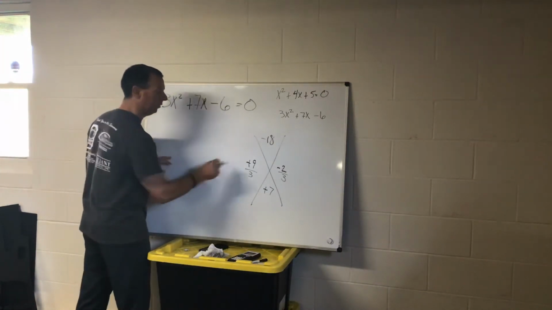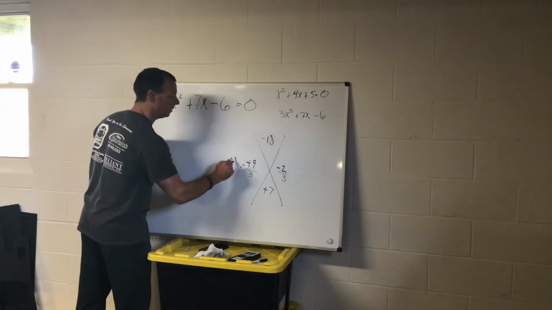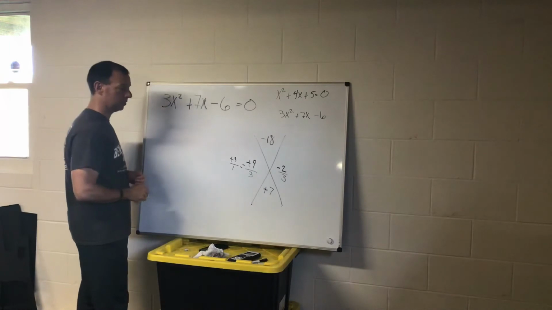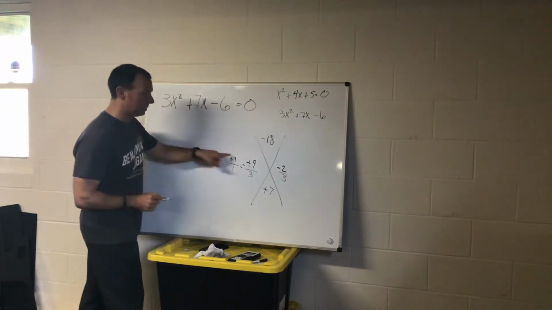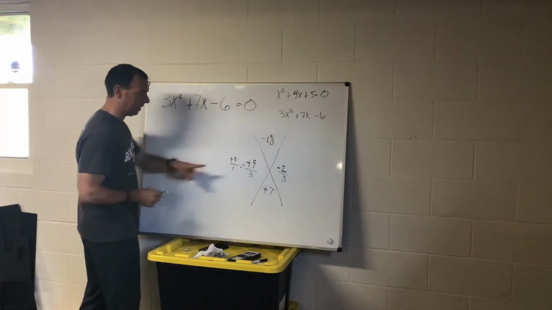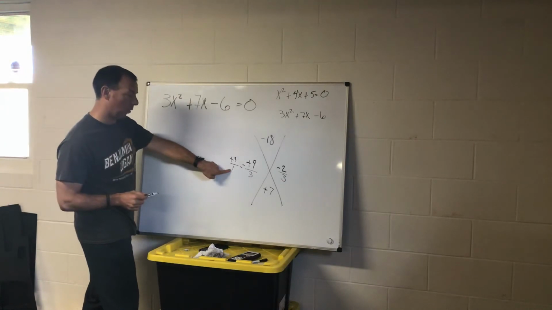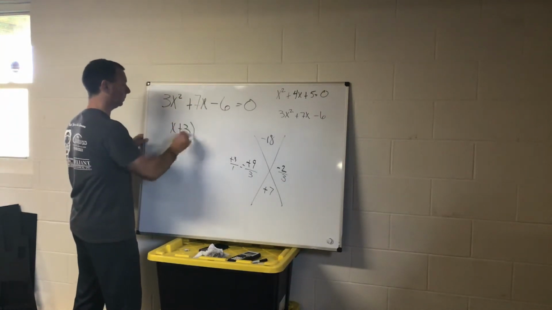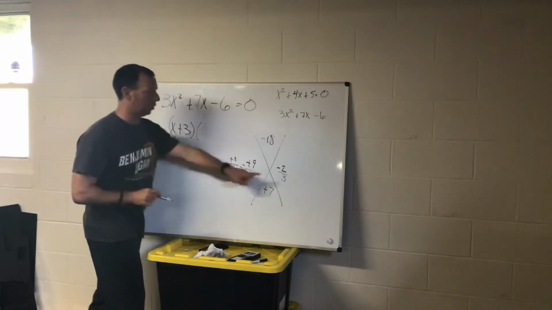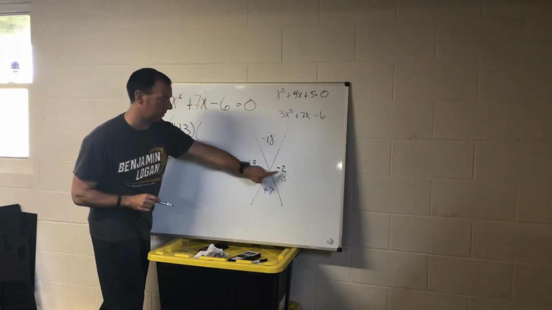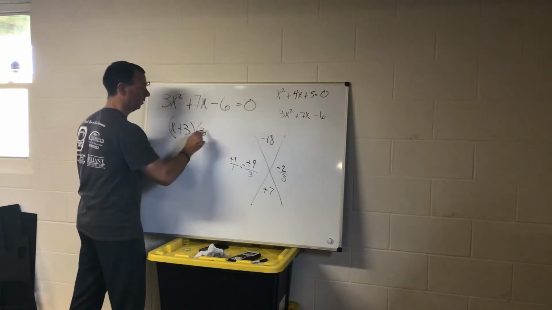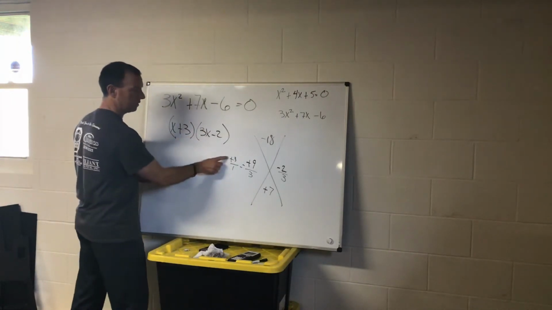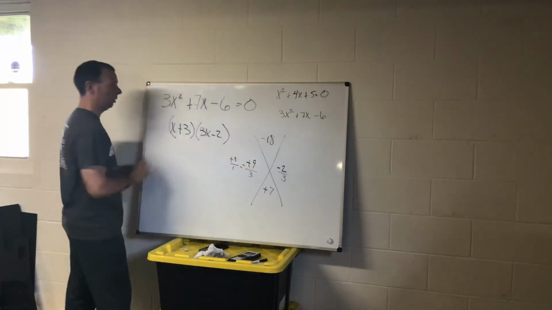Well, 9 over 3 reduces to positive 3 over 1, and that one doesn't reduce. So now remember, these are your parentheses. These are your factors. So this would be 1x plus 3. And this over here would be 3x minus 2. All right, so x plus 3, 3x minus 2.